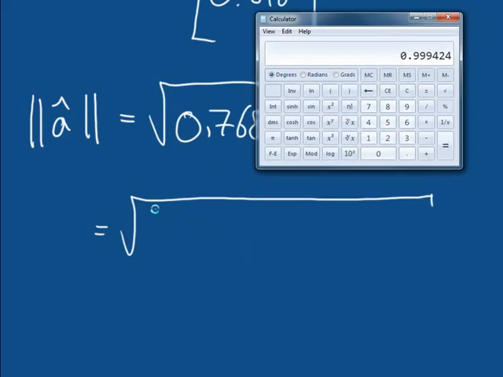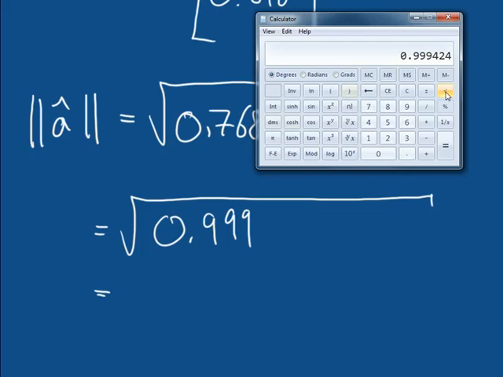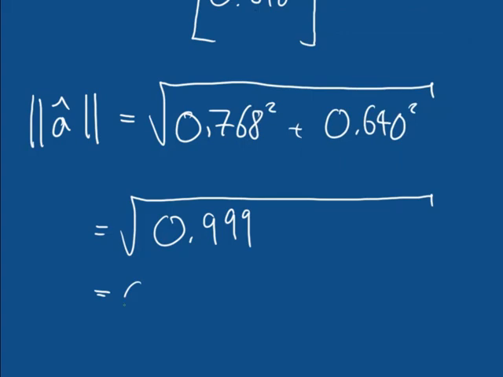So we can see we're not going to get quite the right answer. So it's about 0.999, and again, this is because of our rounding errors. If I bring that calculator back and find the square root, you can see the square root of that is about 0.999, which, if we rounded this, of course, would be equal to 1.